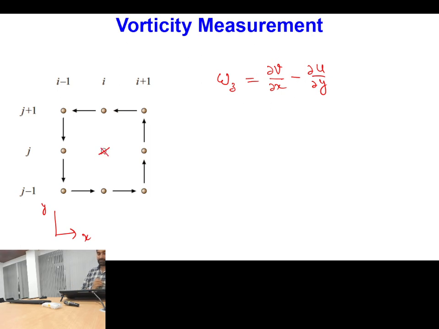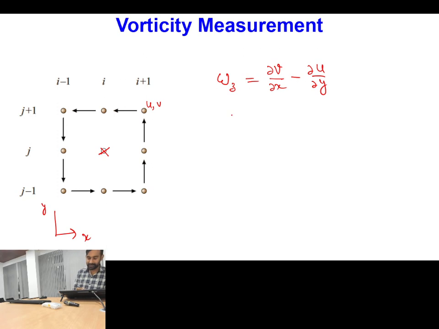This is the location where you want to calculate vorticity, and you know the values of u and v at all these points, because once you have all the subgrids, you know the values of velocities in the entire domain. So now you can simply use your finite difference approach.